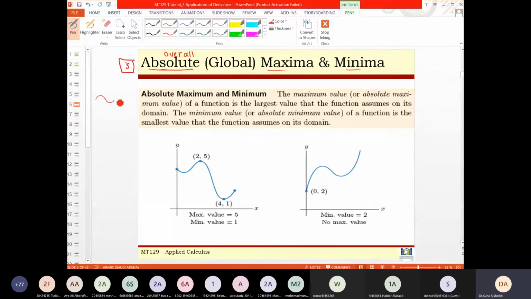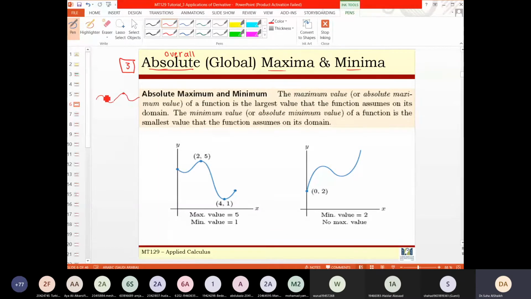Now we agreed that I can have more than one maximum point, right? This is a maximum and this is a maximum and this is a maximum. The highest of them we call the absolute maximum, the one that is higher than all other maxima. We're going to call it the absolute or the overall maximum or overall minimum point.